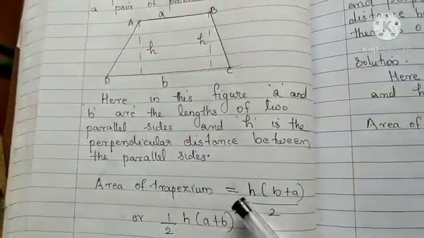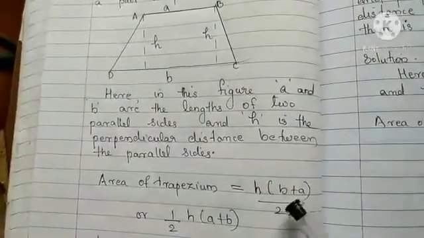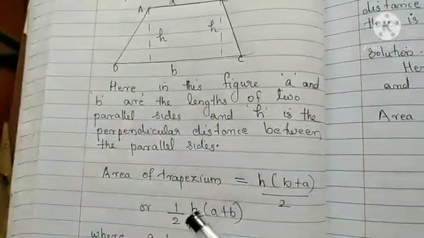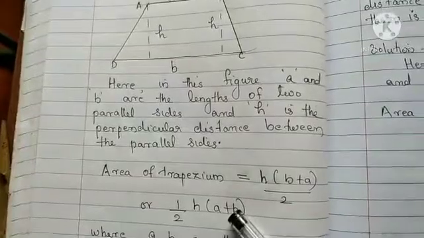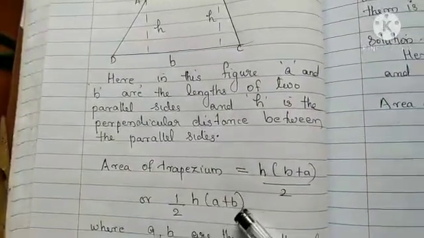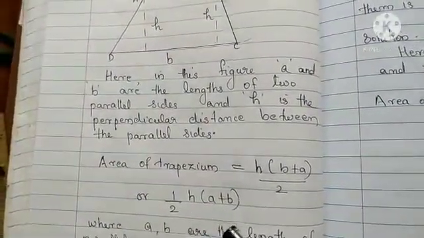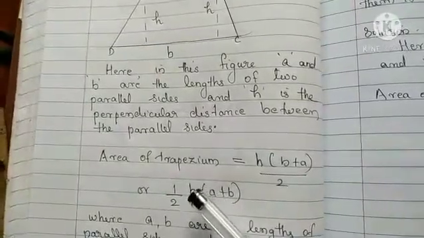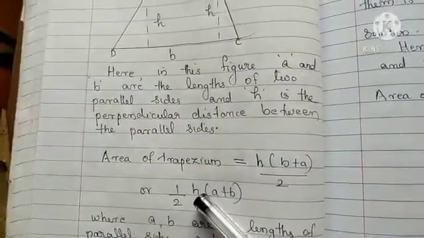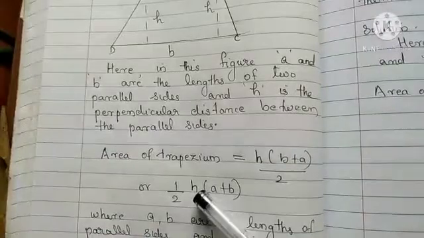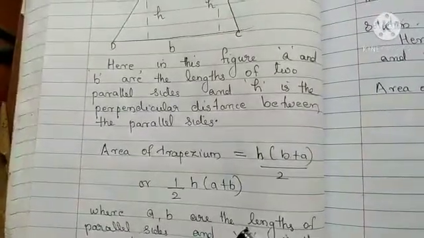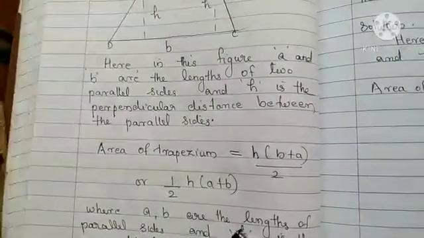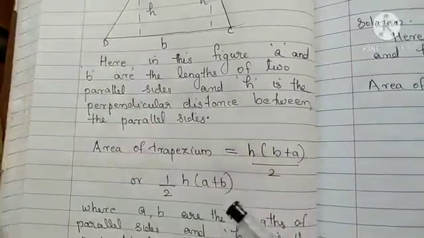Area of trapezium is equal to h into b plus a by 2, or we can use half h into a plus b, where a, b are the length of the parallel sides and h is the height between them, or perpendicular distance between these two sides. Okay, we can do problems based upon this formula.